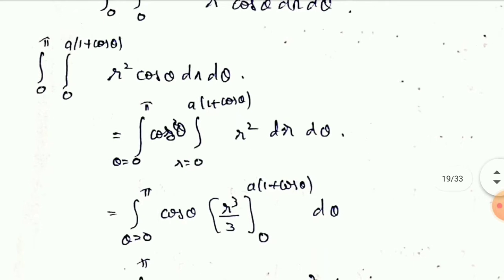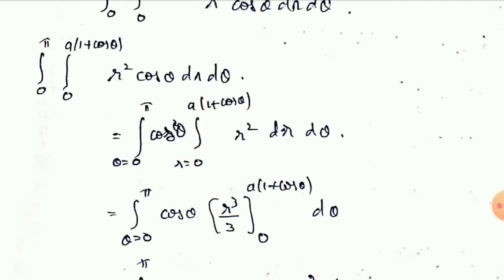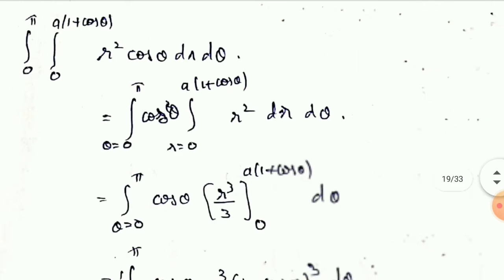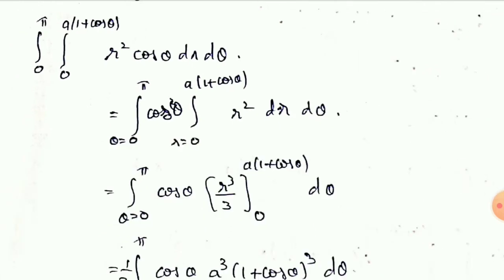Theta equals 0 to pi and r equals 0 to a into 1 plus cos theta. It is r square, the same as it is. First we want to eliminate a variable, so integrate with respect to r first.